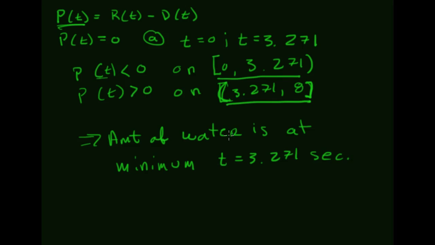That's the absolute minimum because it's decreasing until there and increasing afterwards, which means that not only is that a local minimum, but it has to be absolute. P of 0 has to be higher than it, and so does P of 8.